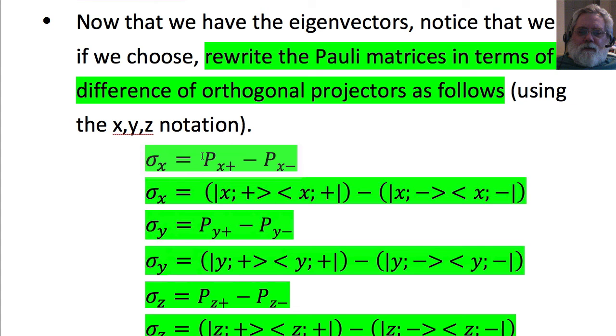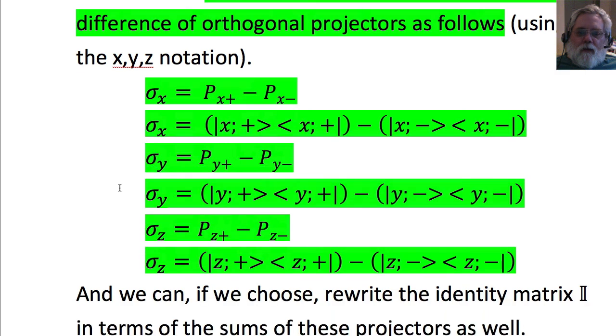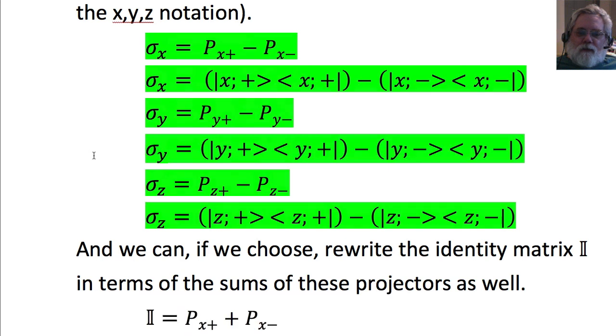If we constructed the projector for x plus, which is ket x plus bra x plus, and we constructed the projector for x minus, which is ket x minus bra x minus, and we subtracted the second one from the first one, if you do that as a matrix operation, you will find that that exactly equals sigma x. And you will find the same thing for sigma y using the y projectors, and the same thing for sigma z using the z projectors.